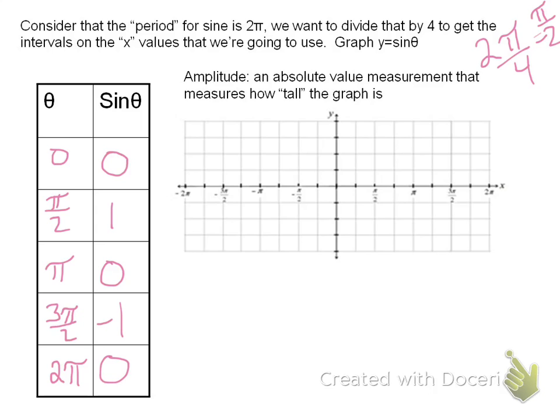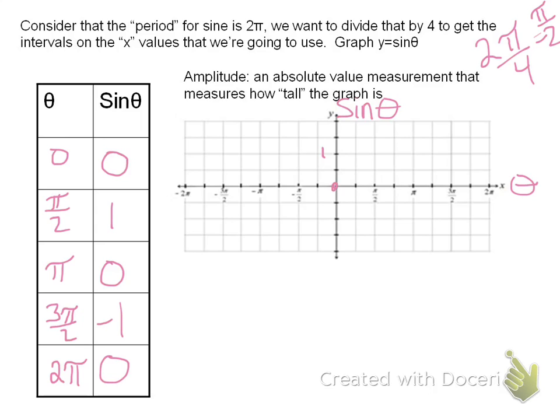So now let's look at the graph of this and see what it looks like. So we have 0, 0. Now this is our theta axis on the x-axis, and this is our sine of theta axis here on the y-axis. So at theta is 0, the sine of theta is 0.